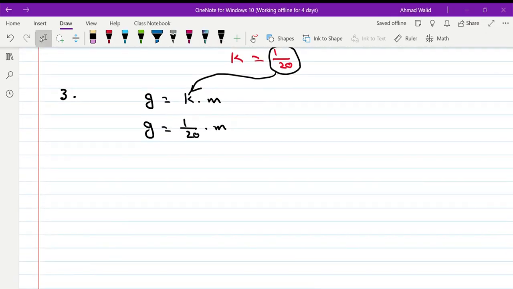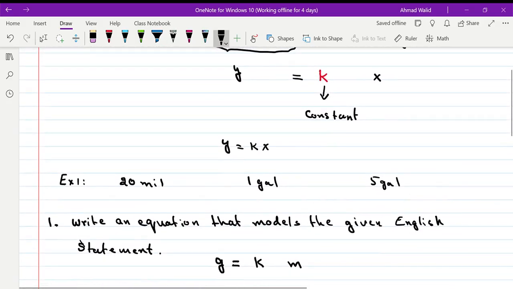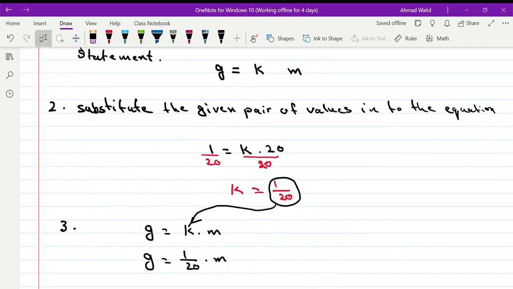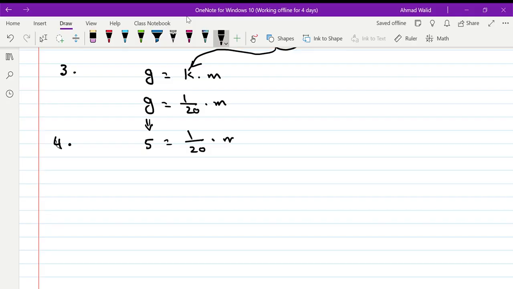Step 4, read the last part of the problem and see what they are asking you. They are asking you in the last part of the problem, find 5 gallons, how many miles? If you use 5 gallons, it means you know your G. Your G is 5. 5 equals 1 over 20 times m. Now solve this equation for m.